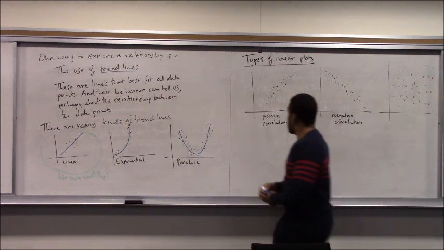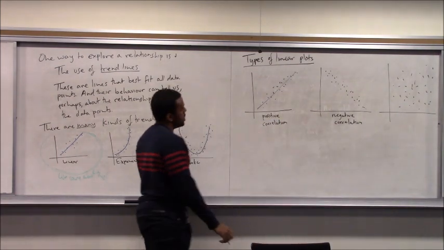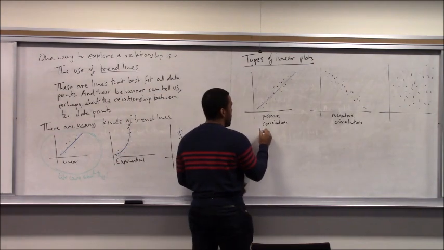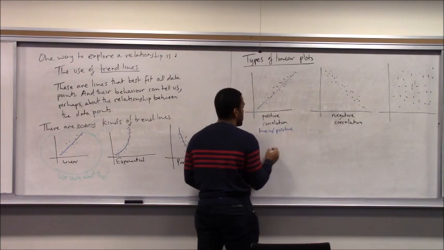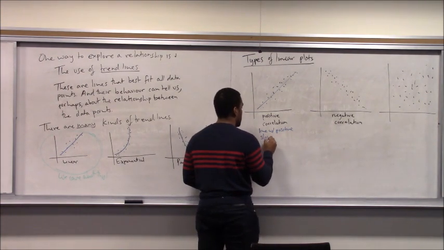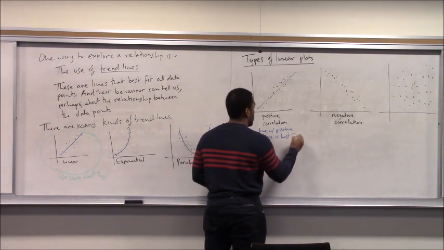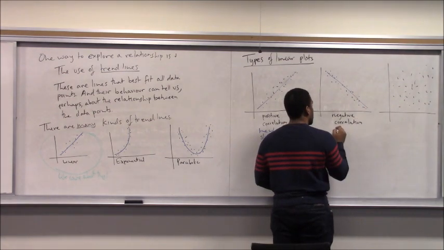Okay? So you might be able to say, here we have a positive correlation in the sense that a line with positive slope is the best fit. That's why it's called positive. It's not because it's like a beat or anything. And in this case, a line with negative slope was the best fit.